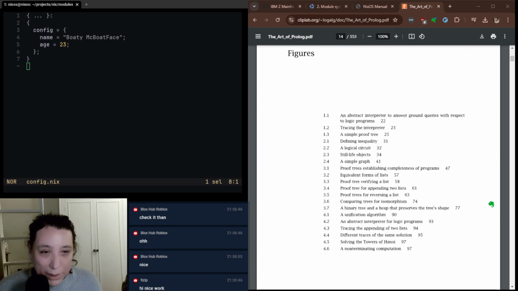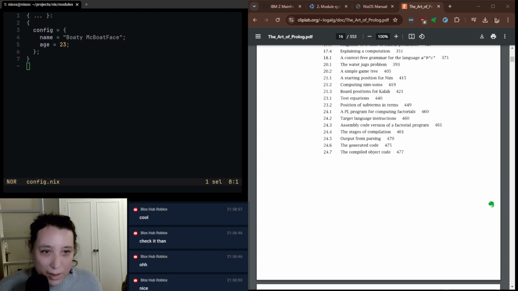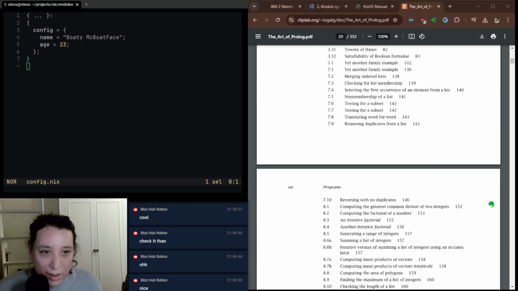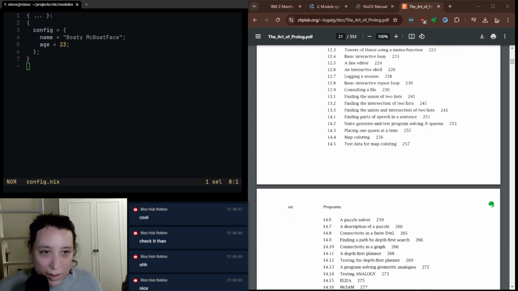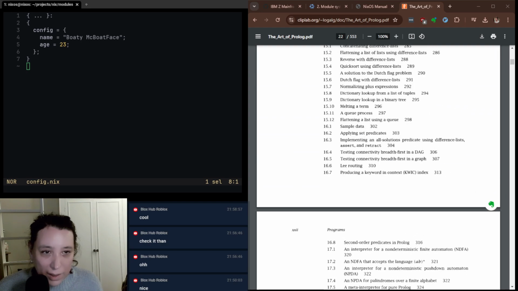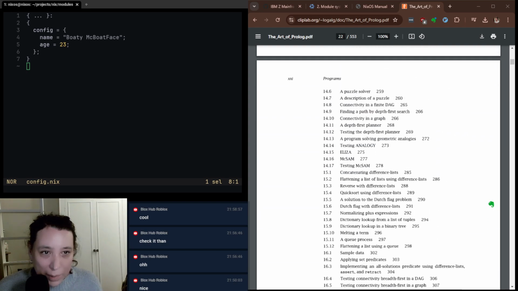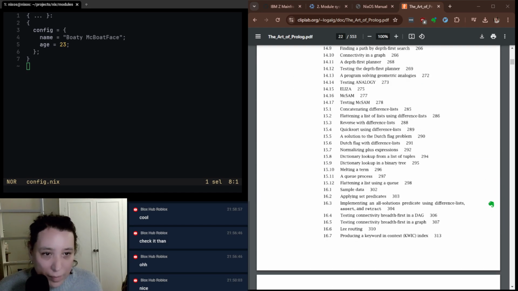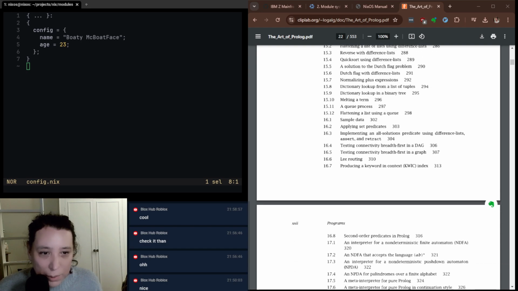It's a big book with almost 500 pages. Wow. Look at our friend Quicksort somewhere up here I just saw, right? Quicksort using difference lists. ELIZA. Connectivity. Finding a path by depth first search. This is cool.